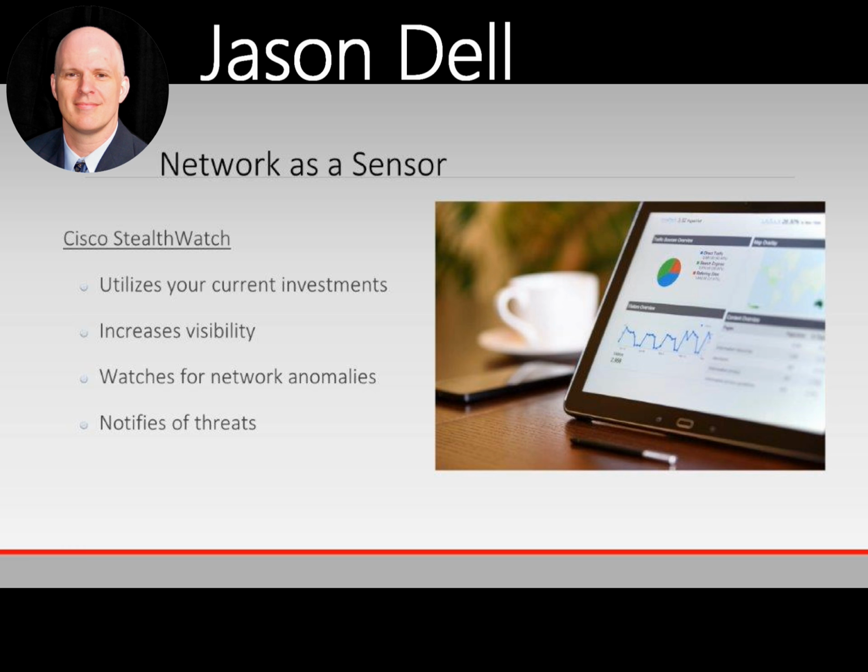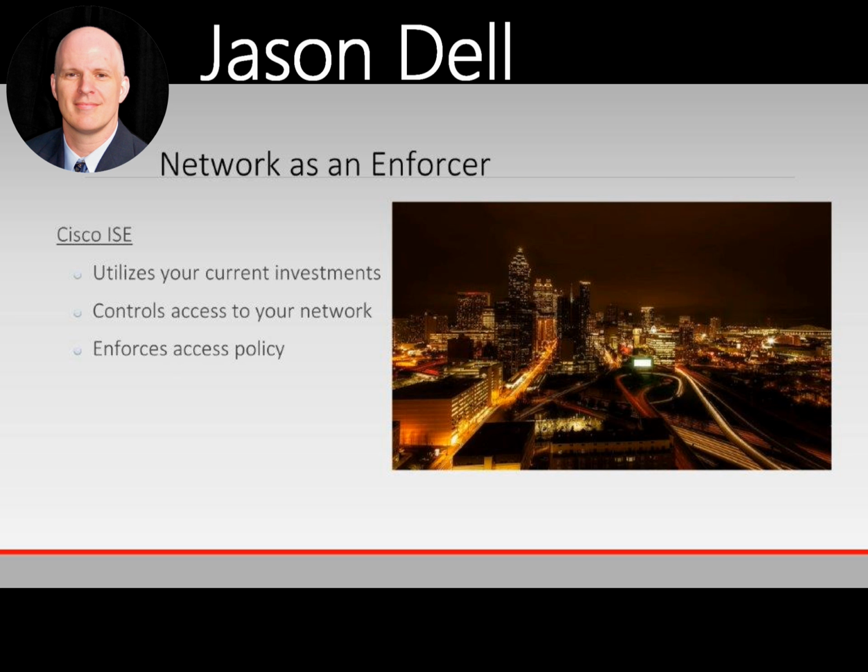And network as an enforcer, along those same lines: Cisco's Identity Services Engine can utilize your current network infrastructure investments to control access to your network, whether wired, wireless, or over VPN, and enforce network policy. We'll talk a bit more about where that fits in shortly as well.